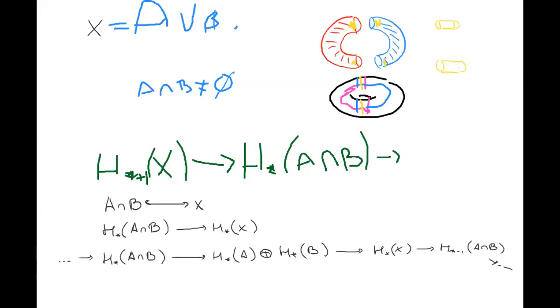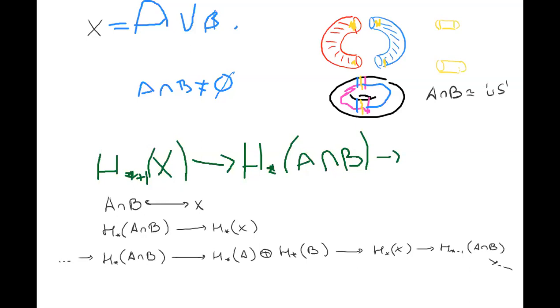So we know their homology. Actually, we know the homology of a circle, right? In our case, the intersection is just S1 disjoint union S1.